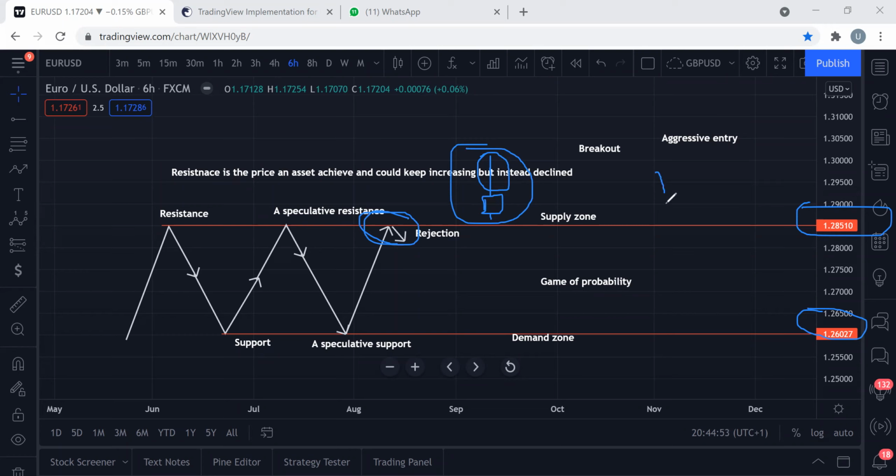Sometimes it can be a bearish engulfing candle. A bearish engulfing candle used to be like this, where this will be a red candle, this will be a green candle. So you'll be looking for those kinds of formations here. When you see them, you now place your shorts. Then your stop loss will be above the rejection candle.